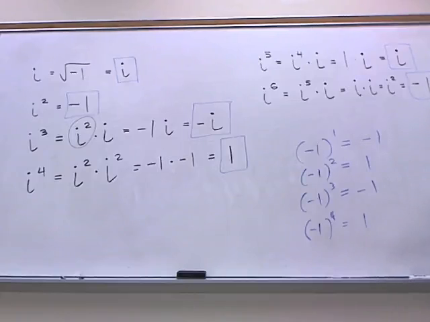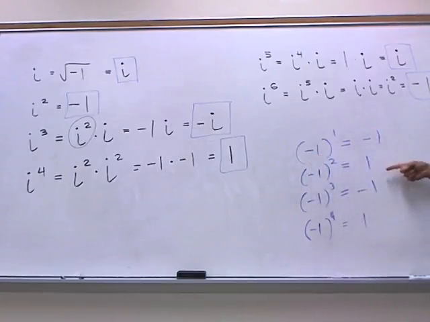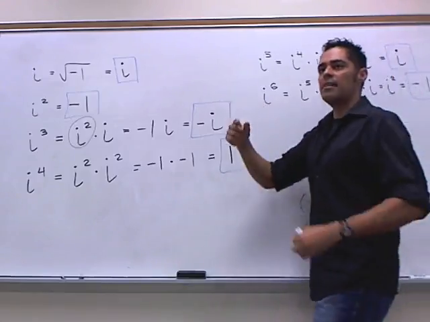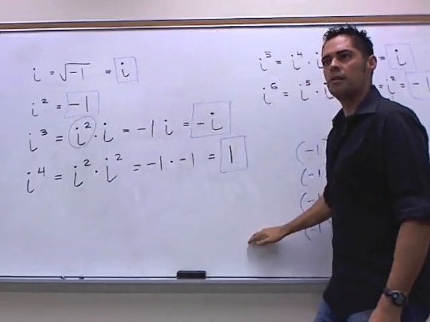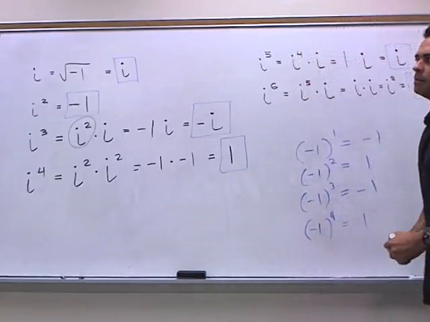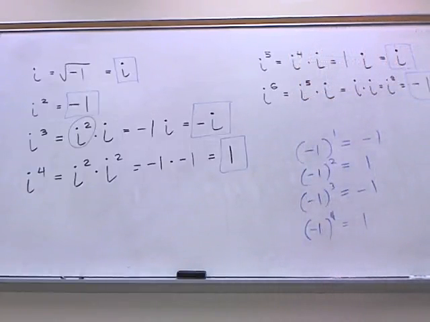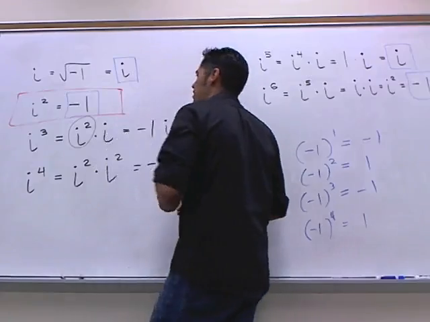With the good old-fashioned -1, when you raise it to an odd power, you get -1, and when you raise it to an even power, you get 1. So it kept cycling back and forth. With i, you get that same cycling, except that it cycles through 4 things, and then starts cycling again and again. Y'all see that? The most important one for you to know here is this one: i squared is -1.